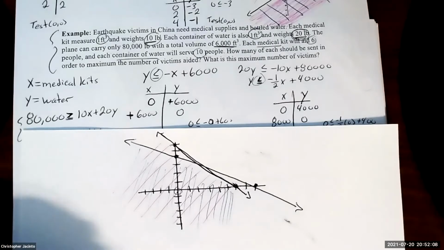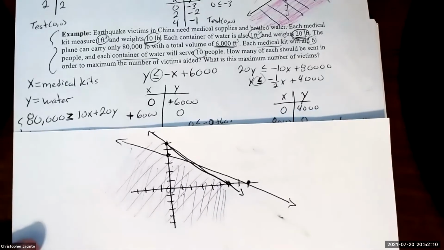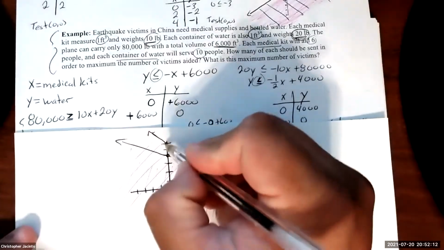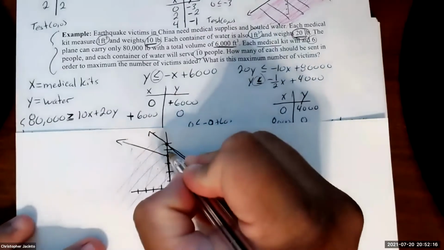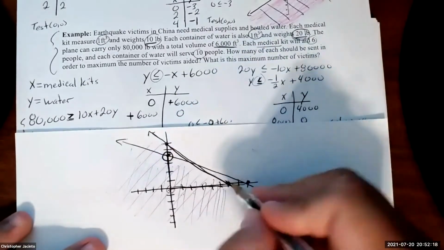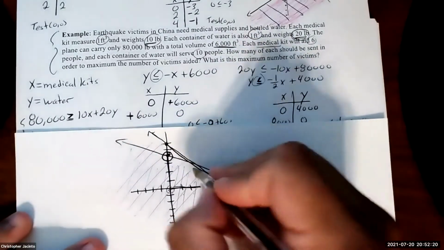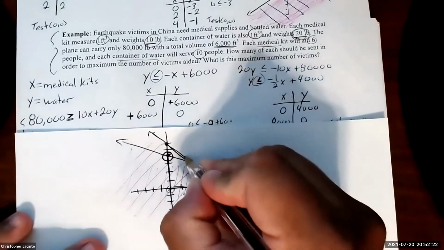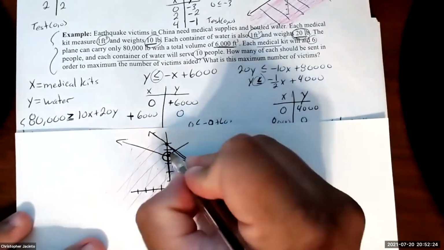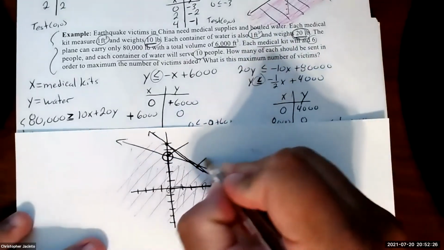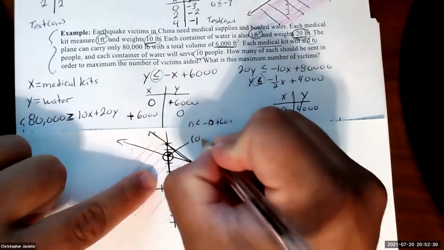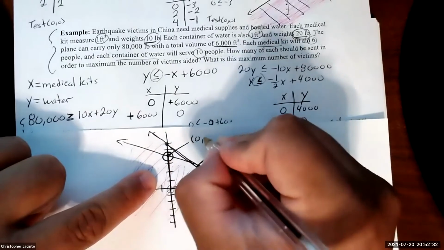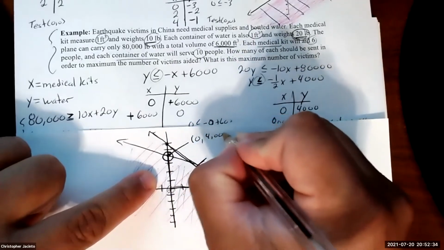Okay. So for this one, we have a couple points to actually deal with. We want this portion here. And we have this spot where they touch, this spot where they touch, and also this spot right here where they touch. So we want to figure out these 3 points. So the first point is 0, up 1, 2, 3, 4. It's 4,000.